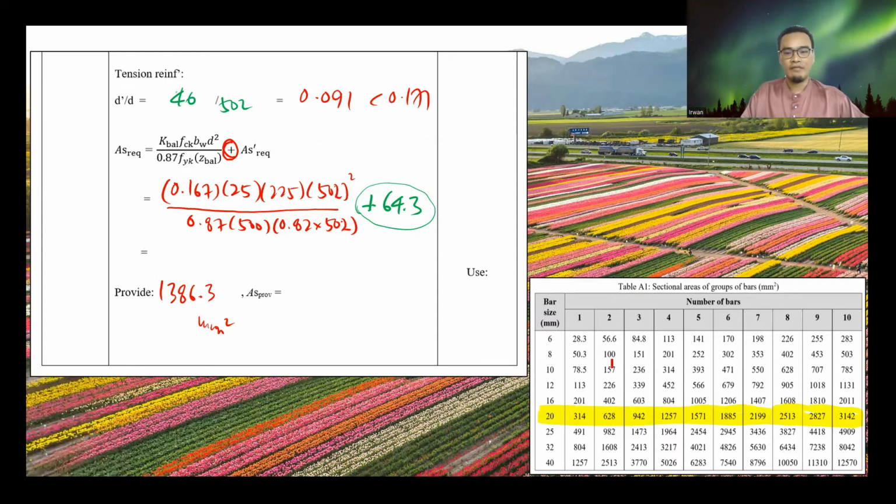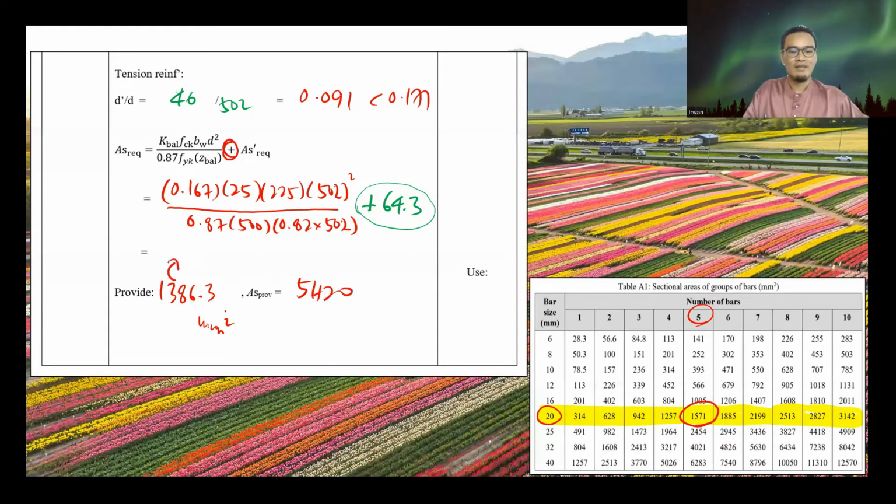Good. 5H20, so equal to 1571. So you provide 5H20. Oh, sorry, this is required.